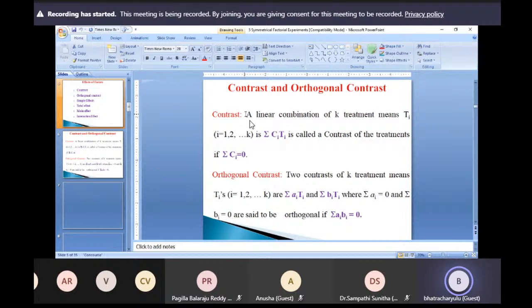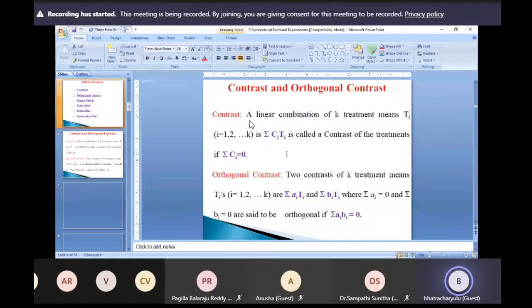Contrast means a linear combination of k treatment means, that is, the summation of CiTi is called a contrast of the treatments. Suppose the first treatment mean is T1, the second treatment mean is T2, the third is T3.